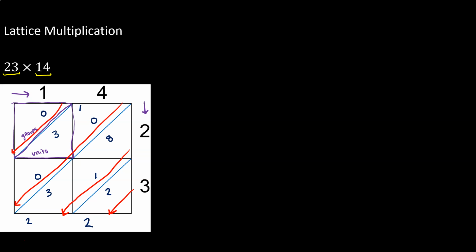So now I have 1 plus 0 plus 3 plus 0, that's 4. And then my last diagonal is just zeros. To write my final answer, I'm just collecting all of these digits in order. I have 322.